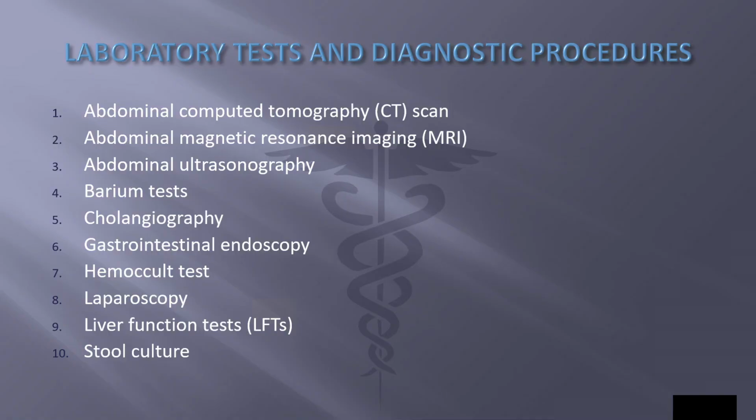Magnetic and radio waves create images of abdominal organs and tissues in all three planes of the body. Abdominal ultrasonography, process of beaming sound waves into the abdomen to produce images of organs such as the gallbladder. Endoscopic ultrasonography is useful to detect enlarged lymph nodes and tumors in the upper abdomen.